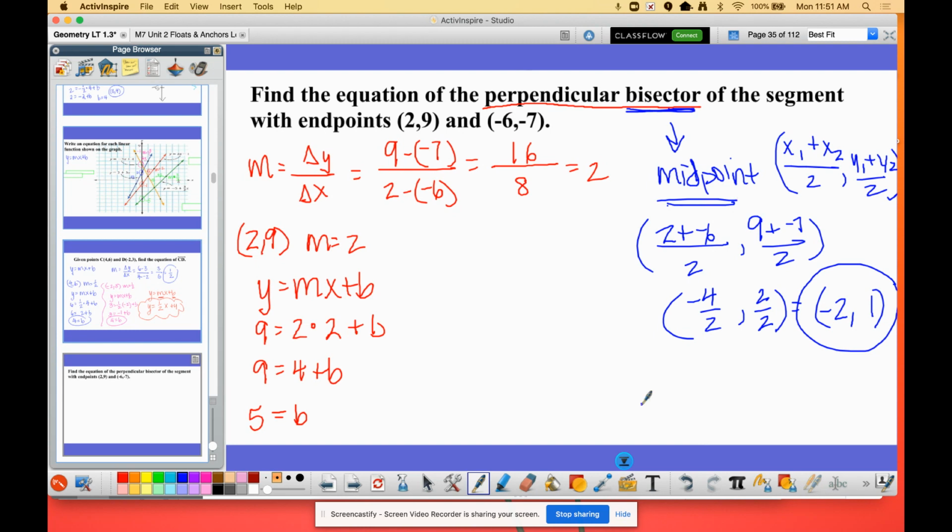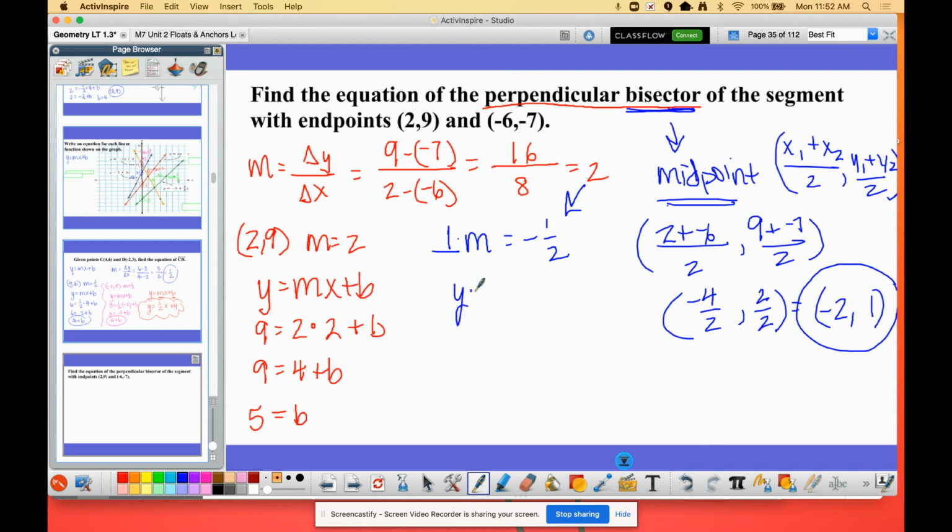Now, to find the equation of the line for the perpendicular bisector, we are going to use our midpoint, and then we also need to know the perpendicular slope. So from that 2, the perpendicular slope is going to be negative 1/2.